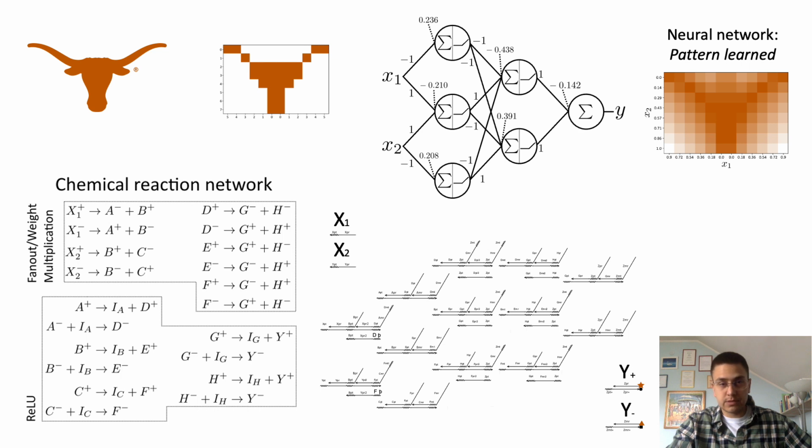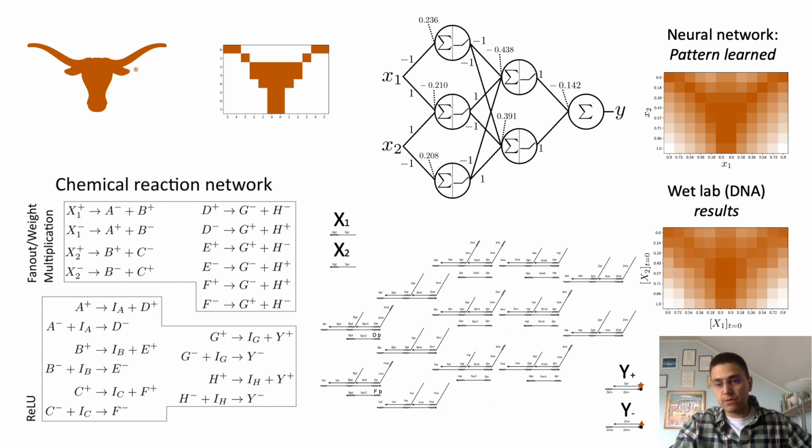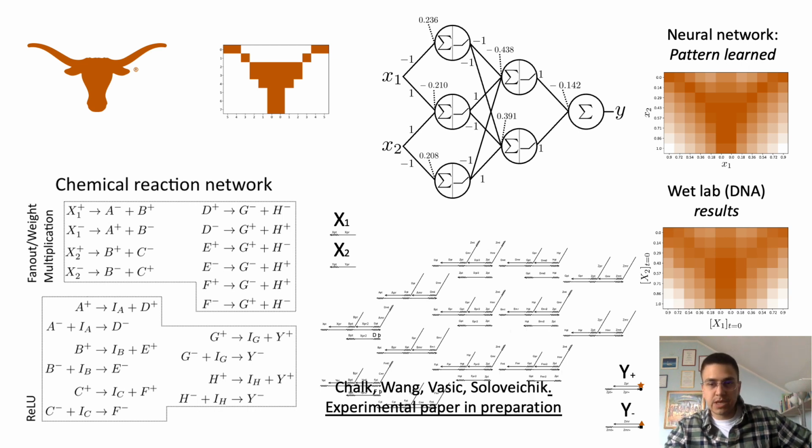For the CRN, we designed DNA molecules that implement it, and we ran wet lab experiments to see the behavior. These are the results of the wet lab experiments, and they are pretty close to the behavior of the neural network, that is, to the ideal behavior. So in this sense, we successfully implemented a neural network in DNA. This paper is currently in preparation.